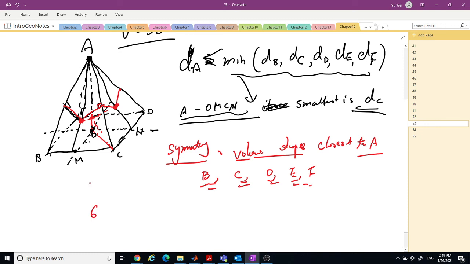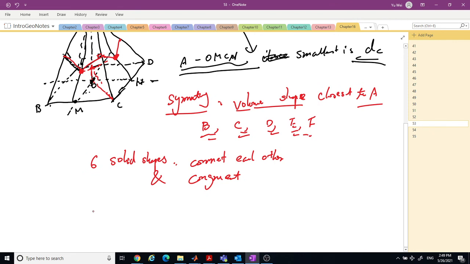The 6 solid shapes connect to each other and are exactly identical and congruent. So that's why the volume becomes 360 over 6, which is 60. Be sure you can see the symmetry here.